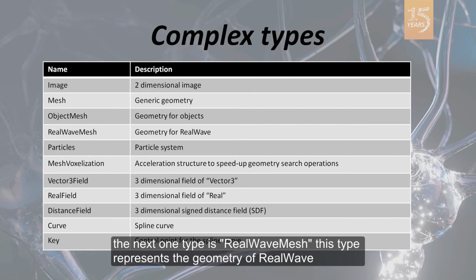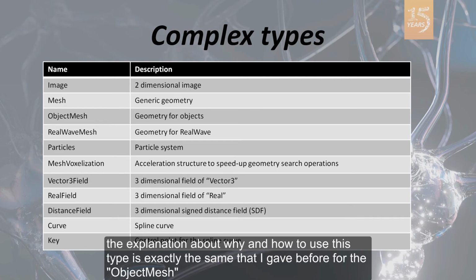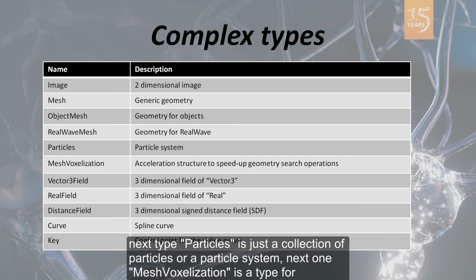The next type is the RealWave mesh, and this type represents the geometry of RealWave. The explanation about why and how to use this type is exactly the same that I gave before for the object mesh. Next type, particles, is just a collection of particles or a particle system.